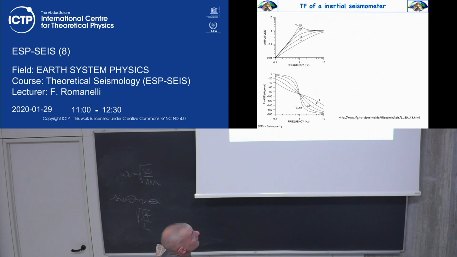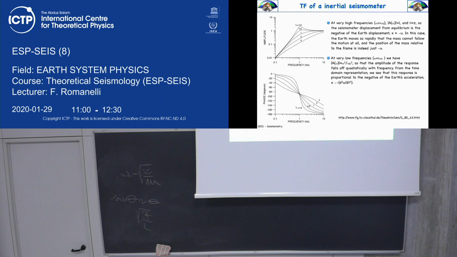These are the two plots of the transfer function. You see this peak here, that's the resonance, and the phase. Remember that if you follow the very high frequency, compared to the natural frequency, you get this solution here.